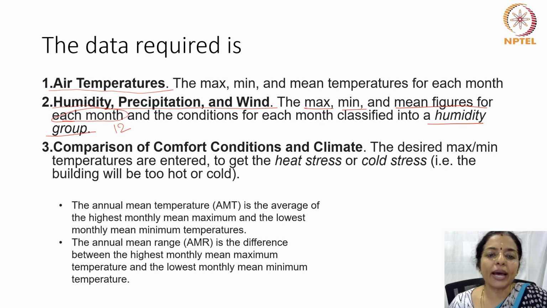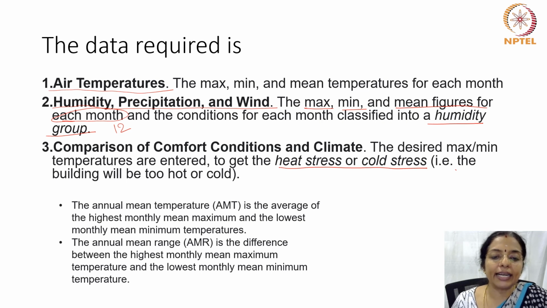Then there is a comparison of comfort conditions and climate. The desired maximum and minimum temperatures are entered to get heat stress or cold stress. So from the temperature entered in the tables, you will be able to arrive at the heat stress or cold stress. That is, whether the building will be too cold or too hot.